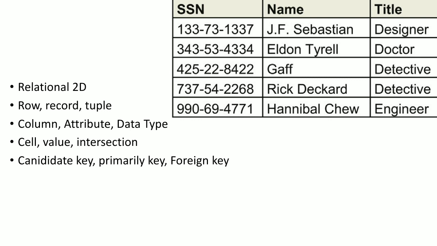Now the primary key in a child table is known as a foreign key. So, for example, in this case, this table is the employee table and its child table is the HR table.